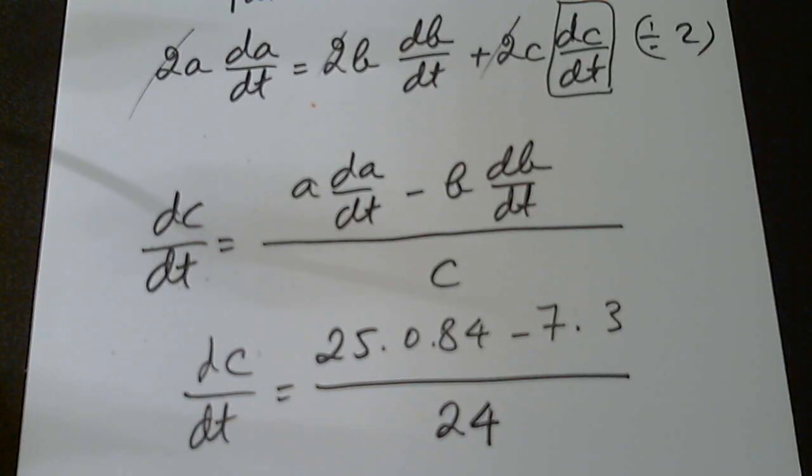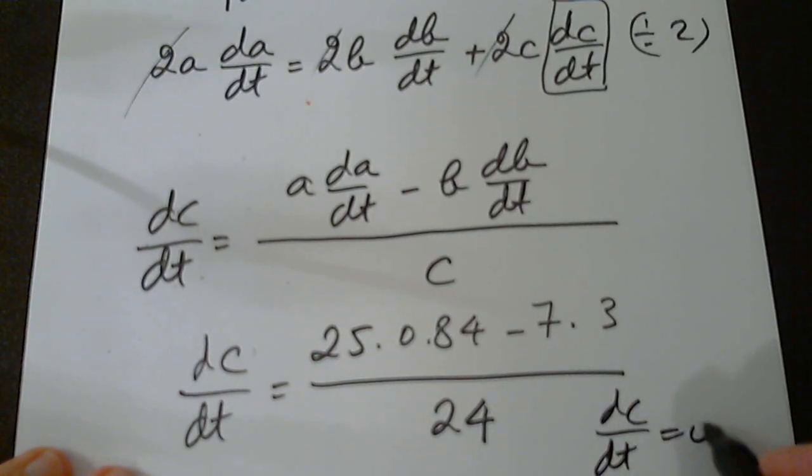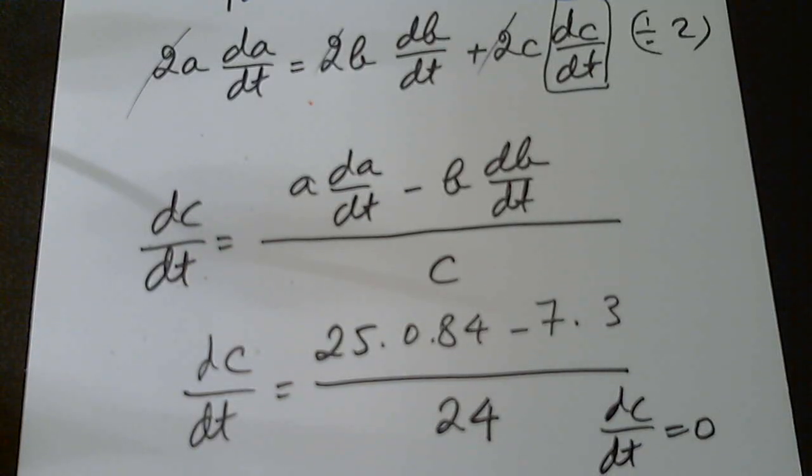So we have parentheses, 25 multiplied by 0.84, and then minus 21, 3 times 7, and divide everything by 24. And we get, fine, dc over dt equals 0. Okay. Very good. How do we feel about this?